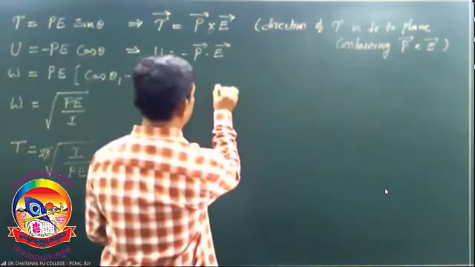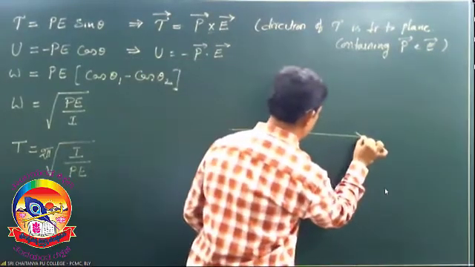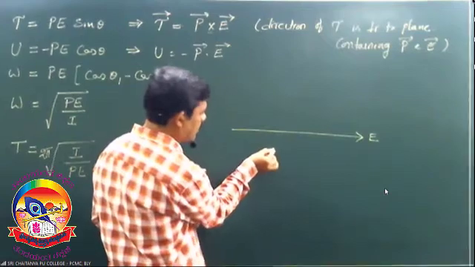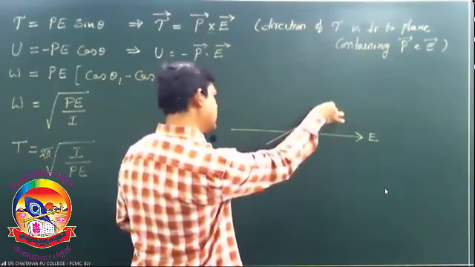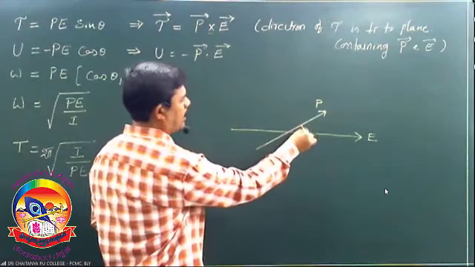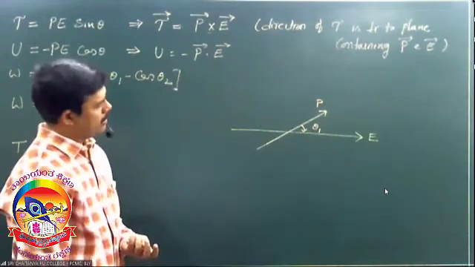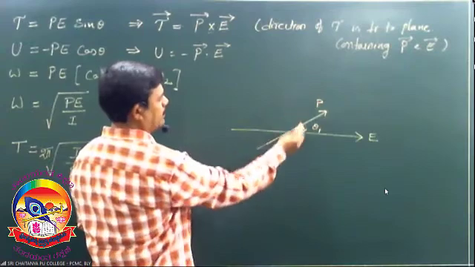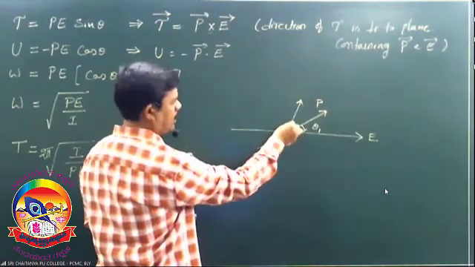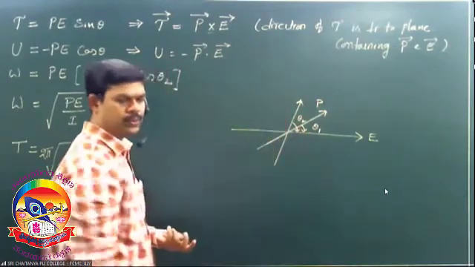If this is the field and this is the dipole, making an angle theta 1 with the field, and it is rotated to another position, making an angle theta 2, this total angle with the field is theta 2.